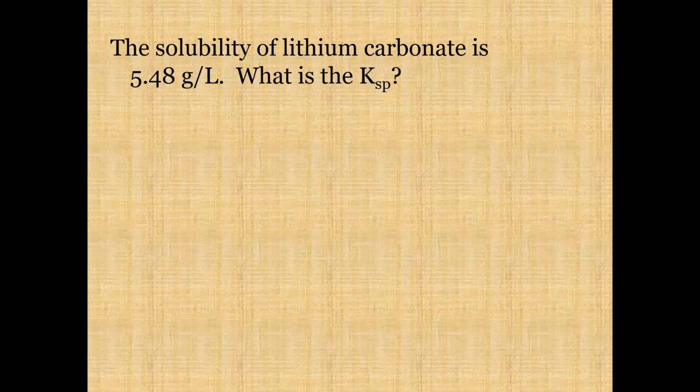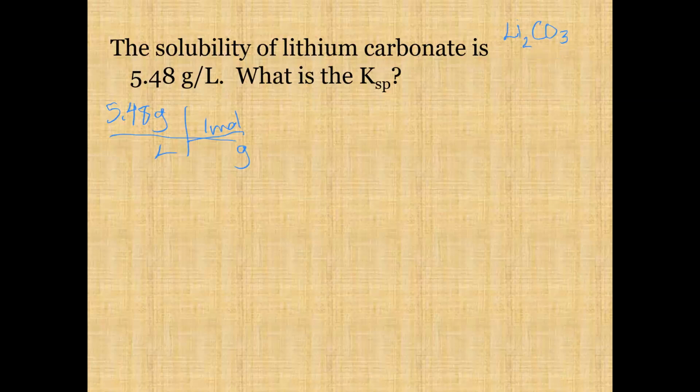So if we have 5.48 grams per liter, changing into moles per liter, grams would go on the bottom, mole would go on top. The molar mass for lithium carbonate, which, make sure that you have your formula correct. So remember, lithium is a positive 1, carbonate is -2, so it would be Li2CO3.